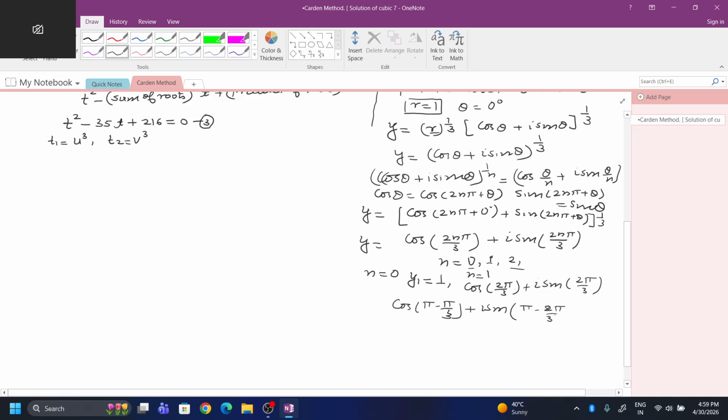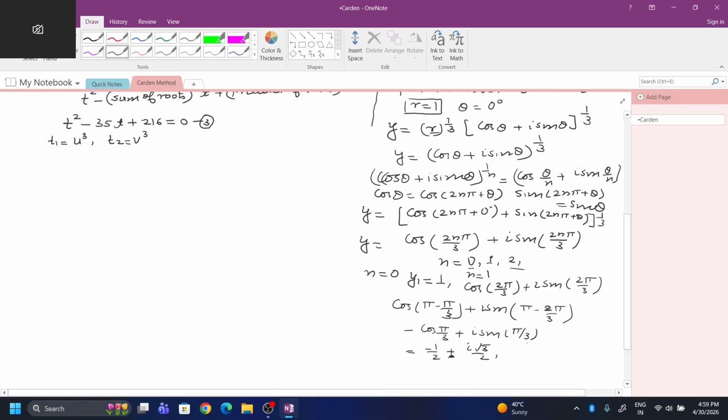But cos(180 minus theta) is minus cos theta, and sin(180 minus theta) is sin theta. So cos pi by 3 gives minus half, plus i root 3 by 2.